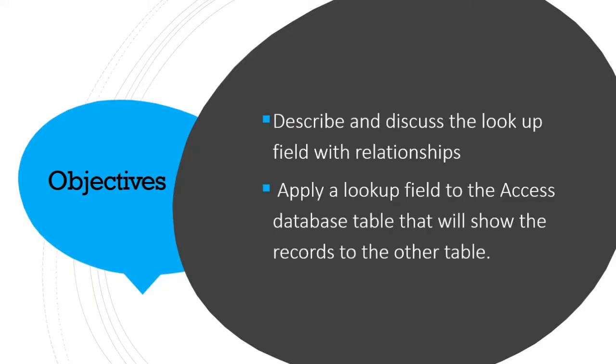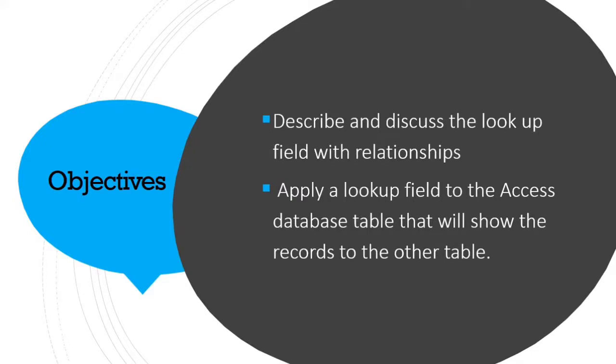Then second, apply a lookup field to the MS Access database table that will show the record to or from the other table. Which means yung value ng lookup field natin this time is hindi natin siya itatype on the lookup field itself, but yung value ng lookup field natin this time ay manggagaling na po sa kabilang table.